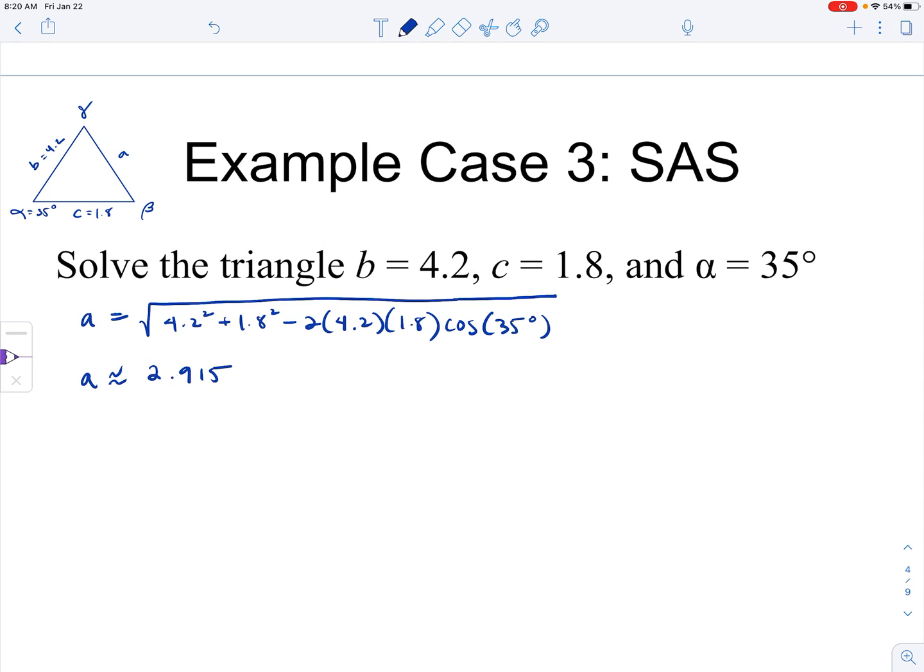Okay, so next I can solve for beta or gamma. It doesn't matter. I'll just go in order, and I'll solve for angle beta next. So that means that I'll have side B, so 4.2 squared equals A squared.